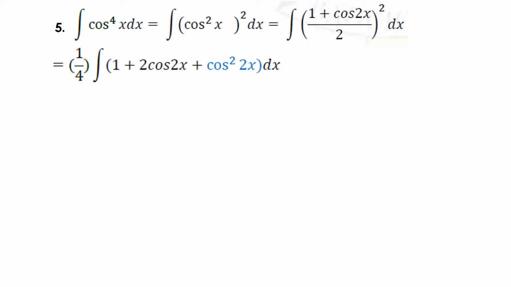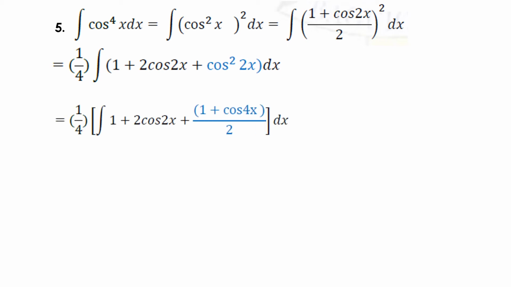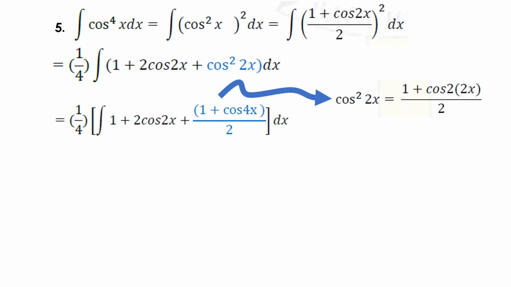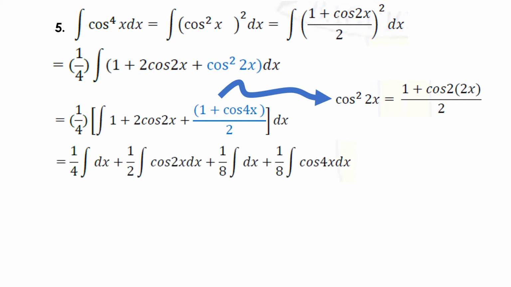The third term of the integral, which is cosine squared 2x, could be trigonometrically transformed using the identity introduced, wherein we could write cosine squared 2x as 1 plus cosine 4x all over 2 from the given identity. And the third step is to expand further.